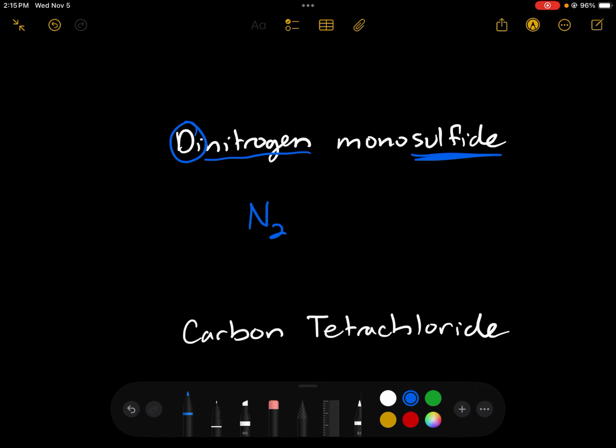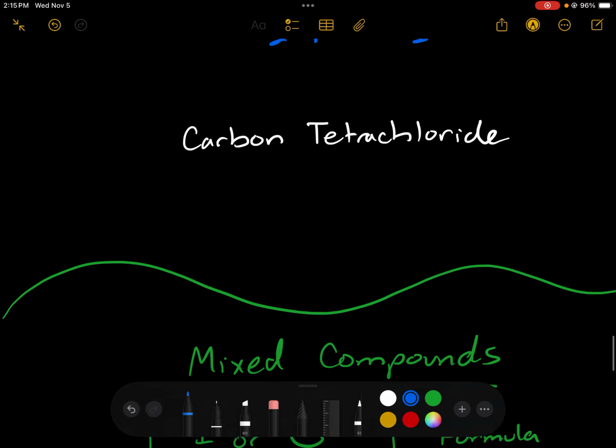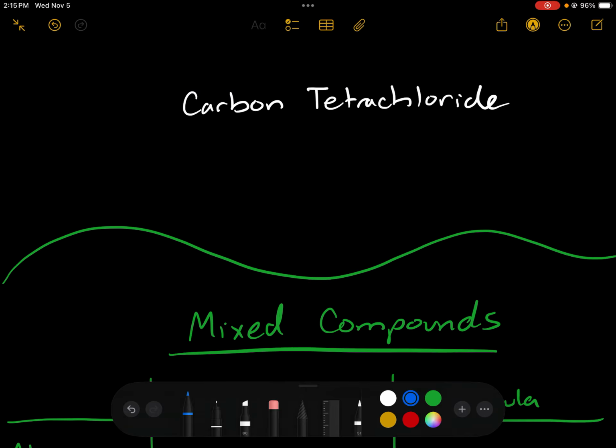I see sulfide, so that means my next element is sulfur. I see the prefix mono, which means there's 1 of them, and so I would write this N2S. For my last one, I see no prefixes next to that carbon, so we're going to assume that there's 1 of them. I see chlorine is my second, and there's the prefix tetra, so we're going to put a 4 next to it, carbon tetrachloride.